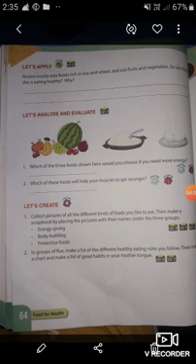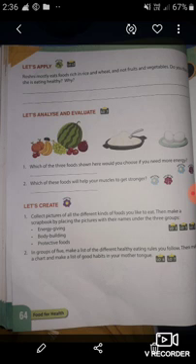Now let's come to the next activity. Let's apply. So students, let's continue. Rosni mostly eats food rich in rice and wheat and not fruits and vegetables.